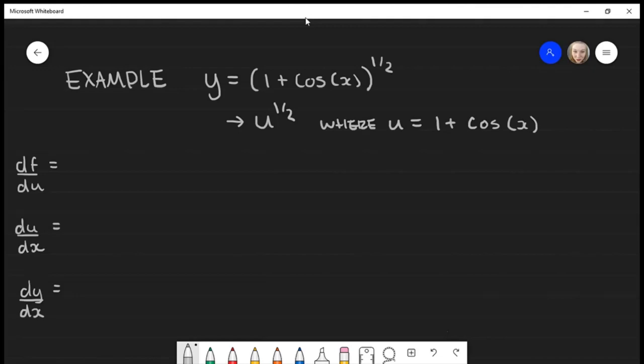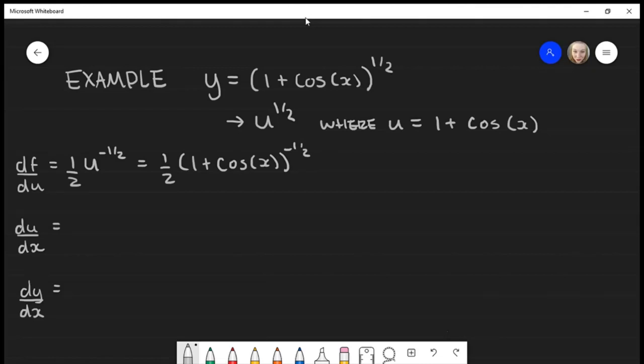To find df by du, you need to differentiate u to the half. So this will become half u to the minus half, which then when we replace u, becomes half of 1 plus cos x to the minus half. There we go.